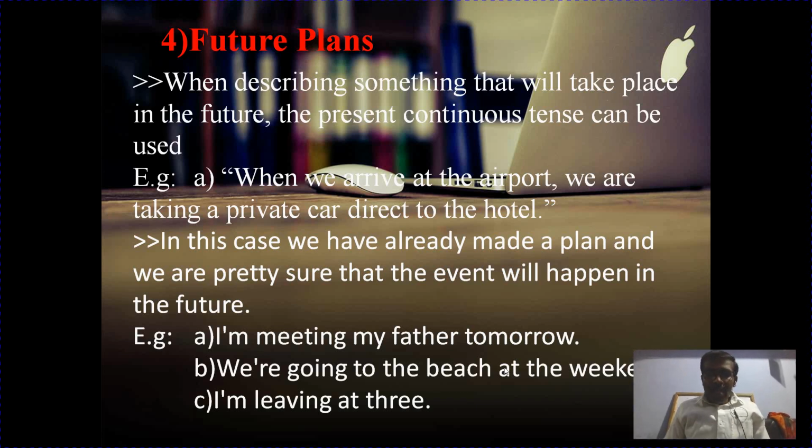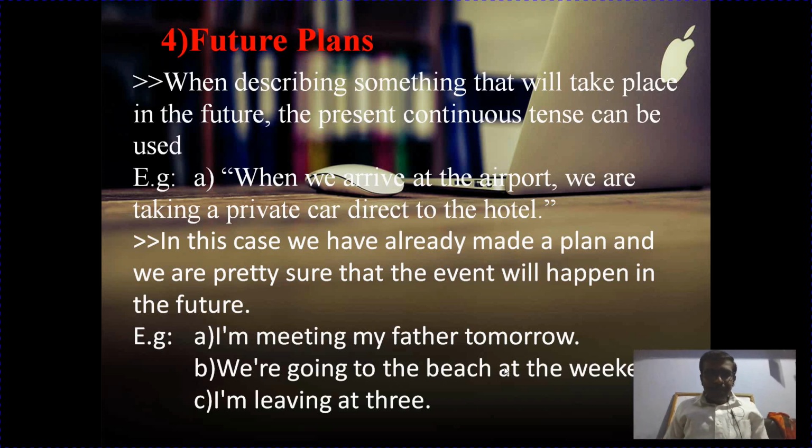Example: when we arrive at the airport, we are taking a private car direct to the hotel. When we arrive, it is supposed to be arrived. If you have not arrived, you cannot take a private car. If you are arriving there, you can take a private car or any other transport medium, right? So this is a future thing, approximate, may be happening or may not be happening.